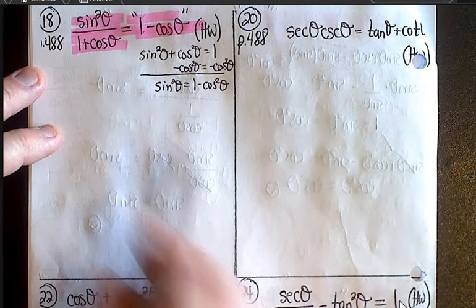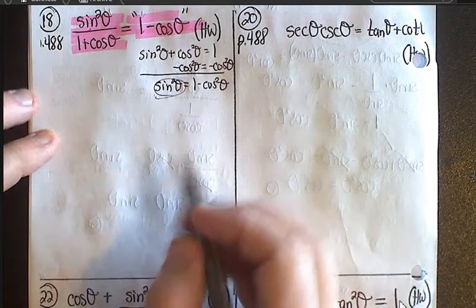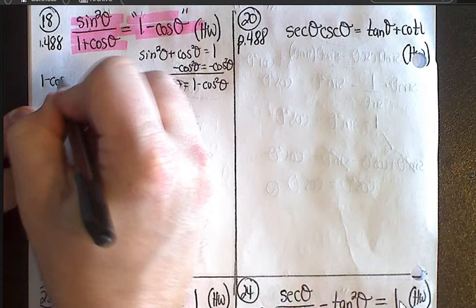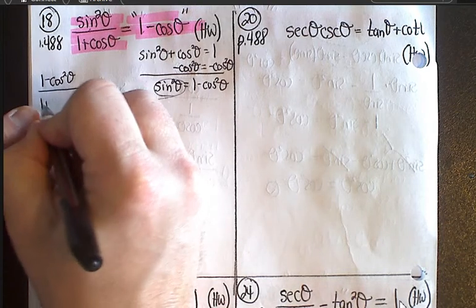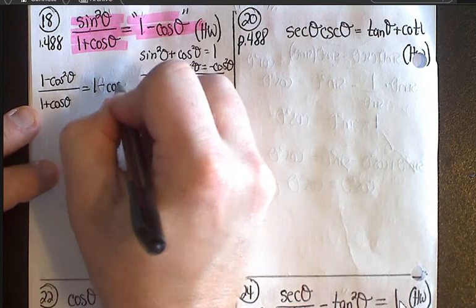So what I'm going to do now is for this sine squared, which is right there, I'm going to plug in this 1 minus cosine squared theta. So 1 minus cosine squared theta over 1 plus cosine theta is equal to 1 minus cosine theta.